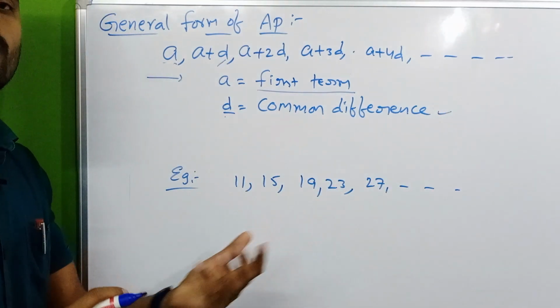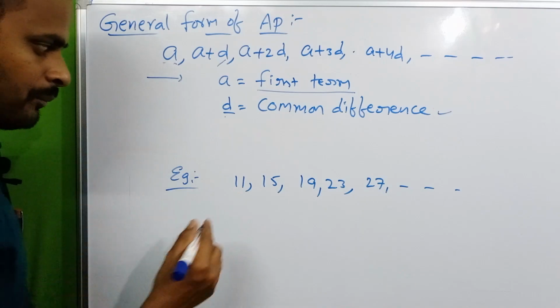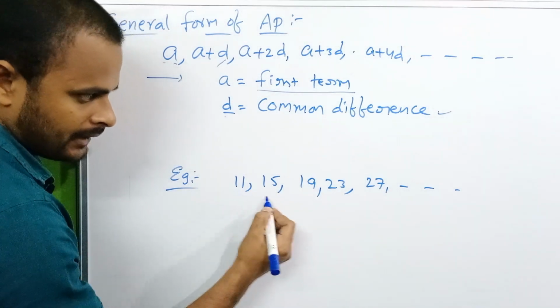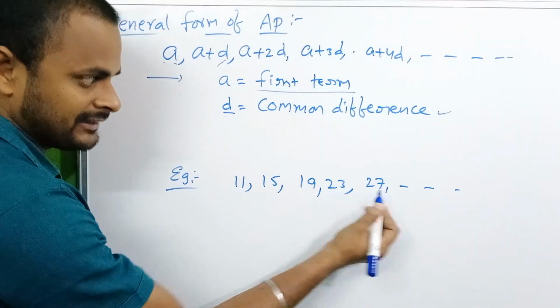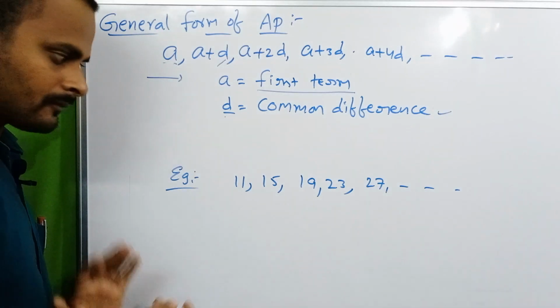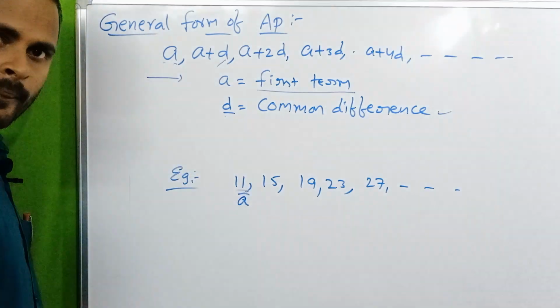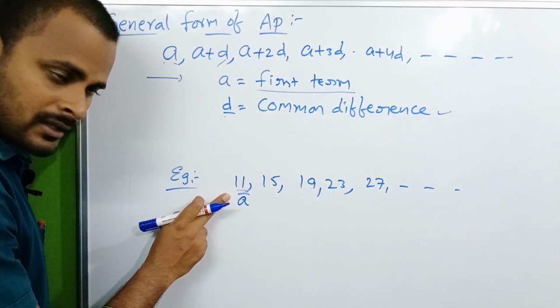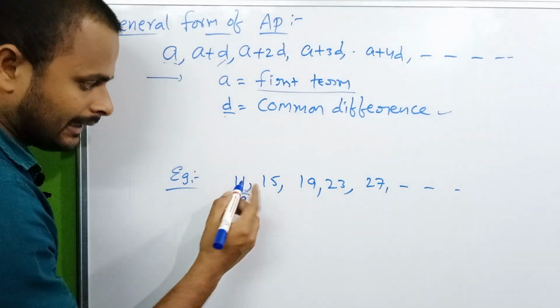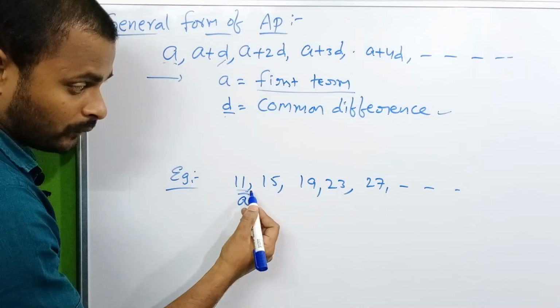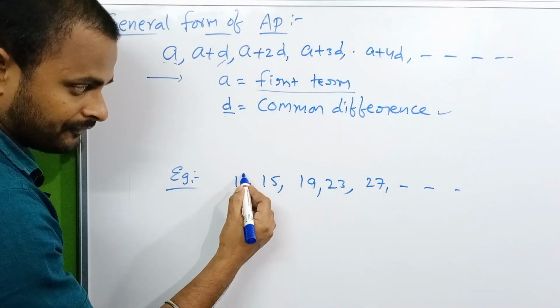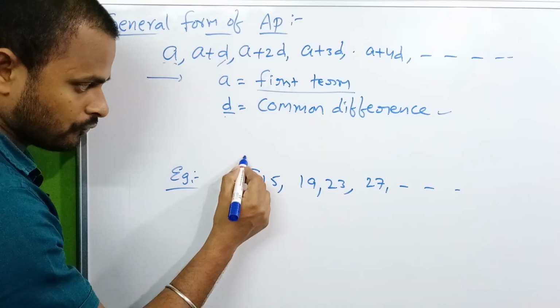So what the common difference means, from this example: 11, 15, 19, 23, 27, it is a progression. In this, the first term is 11, so this is a. This is the first term of the progression, so it could be taken as a. And the second term is obtained by what? What is the relation between these two? The difference between 11 and 15 is 4.